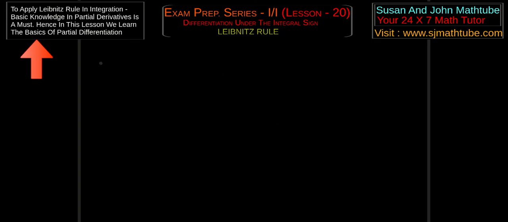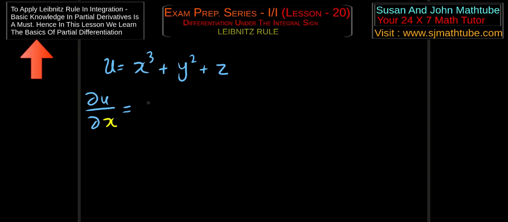Okay, so suppose we have u equal to x cube plus y square plus z. Then the partial derivative with respect to x will be equal to, now look at this. I'm using curly d. One more time I'll tell you.